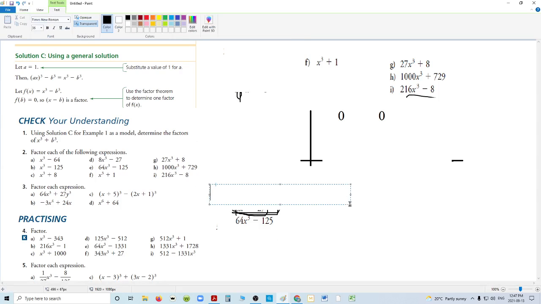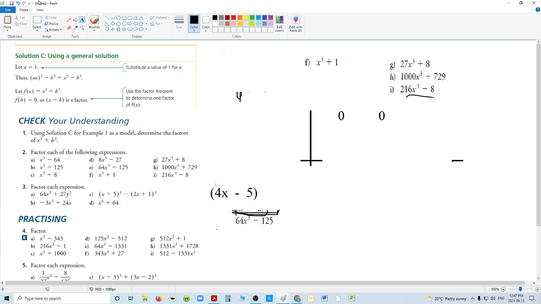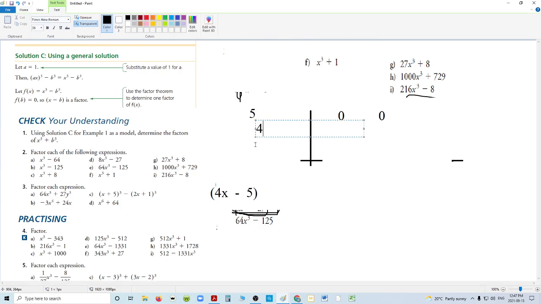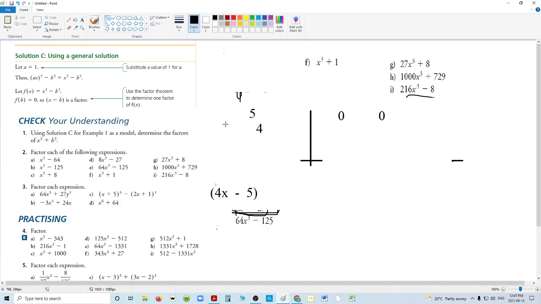It's 4x. 4x times itself 3 times is 64x cubed. What's the cube root of minus 125? It's minus 5, which means the root I'm working with here is 5 over 4. And if you don't know how to get roots at this point, you really need to go back and work on your understanding of factors versus roots.